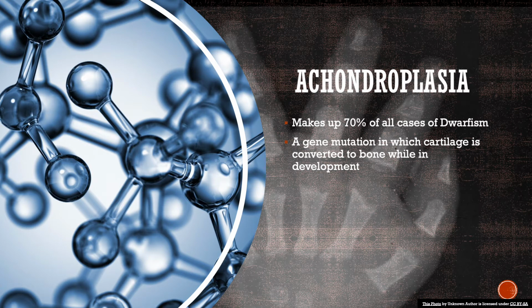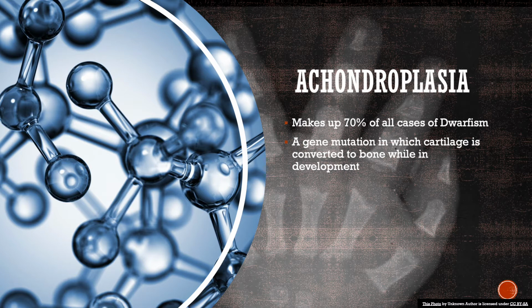So, as mentioned in the previous slide, achondroplasia is the most common type of dwarfism. It makes up about 70% of all cases. Achondroplasia happens when there's a gene mutation in which cartilage is converted to bone during development.